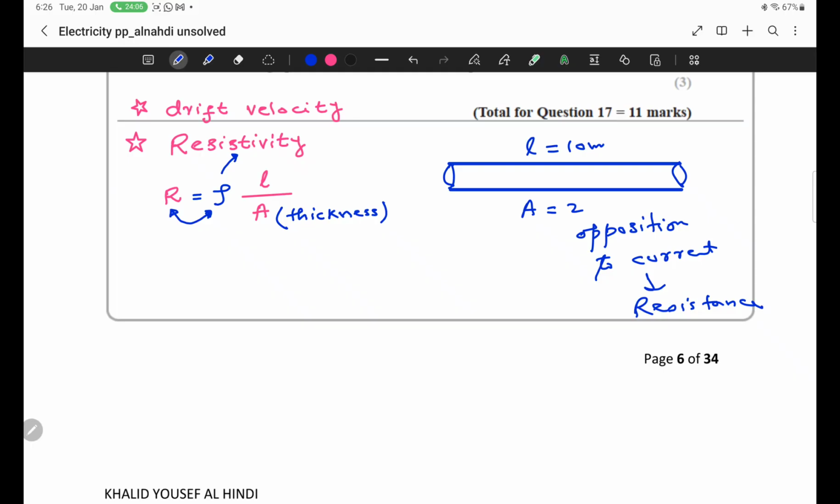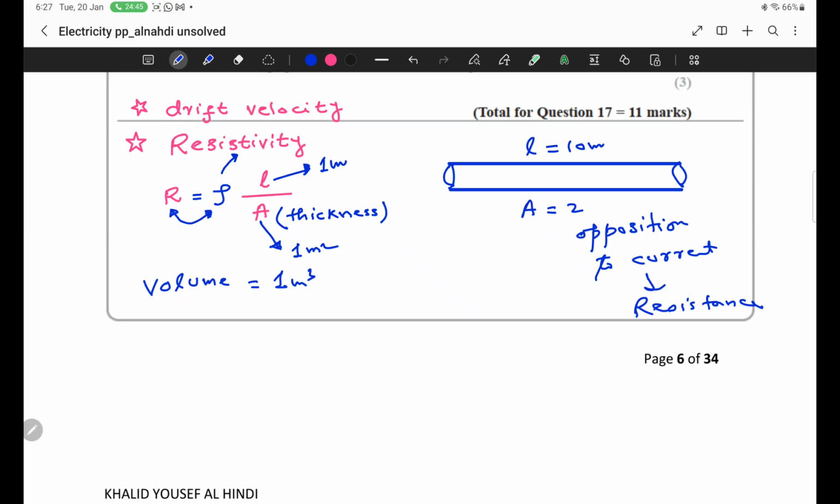For calculating resistance, for the length and thickness of the wire, you have no condition. But if you are calculating resistivity of a material, then the length of the wire must be 1 meter and the area must be 1 meter square. And you know, if the length is 1 meter and area is 1 meter square, then the volume of the wire becomes 1 meter cube.